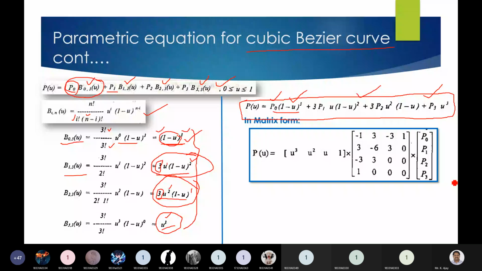So how do you justify this matrix form? For that, if you want to understand how both these equations are the same, try to expand this 1 minus u whole cube. You know the equation, right? a minus b whole cube is a cube minus 3a square b plus 3ab square minus b cube.